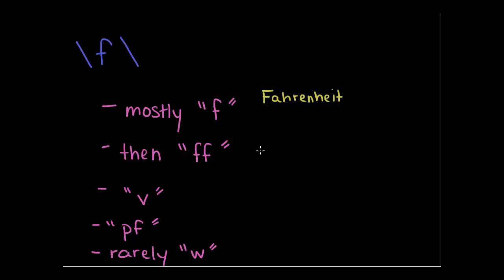Okay, FF, Schiffli is an example. Schiffli, in the middle again. So really, FF is going to be in the middle. F is going to be in the beginning or the middle. Those are the main rules governing these two, and they are the most common ways to spell the F sound.